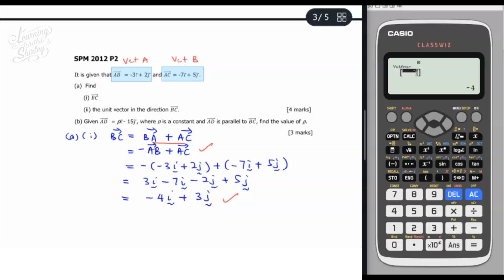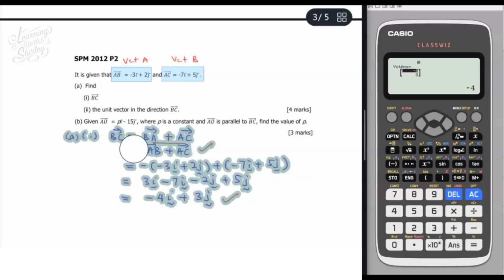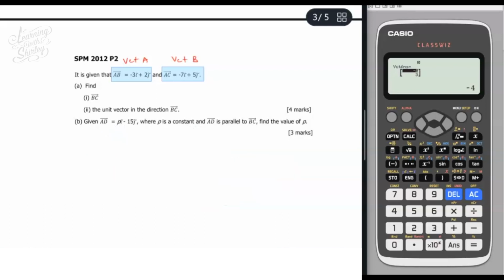Okay, now let's solve for question A2, which is find the unit vector in the direction of BC. So we're going to use BC. Okay, let me clear this. Okay, so for question A2, our BC that we got just now was negative 4I plus 3J. Okay, so to find the unit vector, we're going to use vector BC over magnitude of BC.